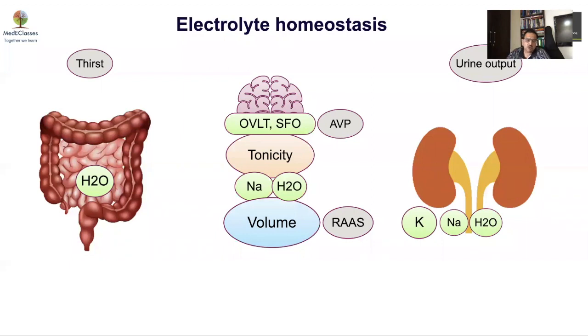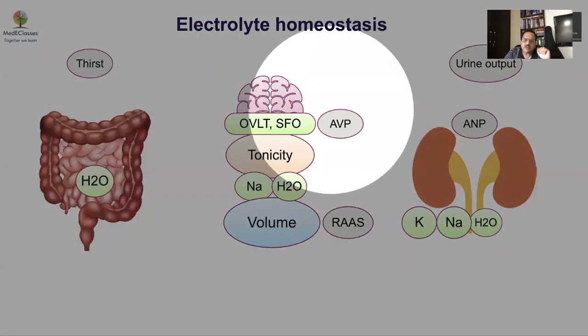Now, if the volume goes really high, we've talked about two systems till now, the AVP and the RAAS system. There is then triggering of the natriuretic peptide system, which will basically cause natriuresis and also inhibit the RAAS axis by inhibiting aldosterone. So these three mechanisms in a way are able to maintain the levels prospectively.